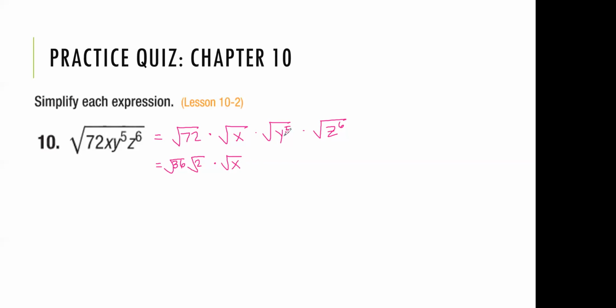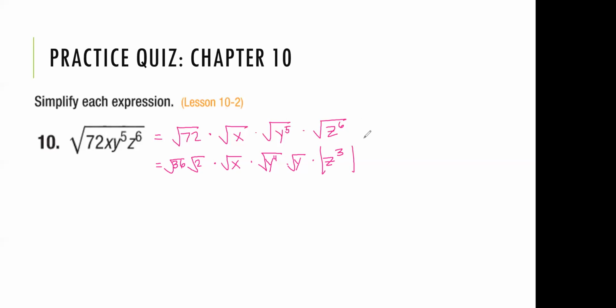Y to the 5th, we can break down to radical y to the 4th times radical y, and we are breaking it down because we can take the square root of y to the 4th power. Then radical z to the 6th power is equal to z to the 3rd power, and the absolute value of that, because we have this exponent that's odd.